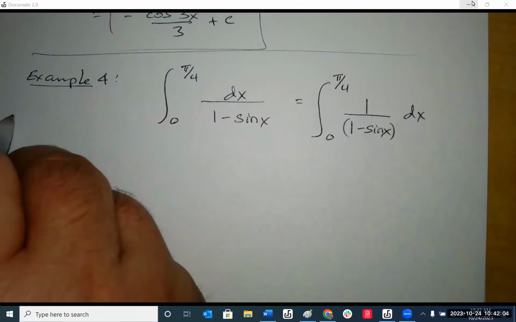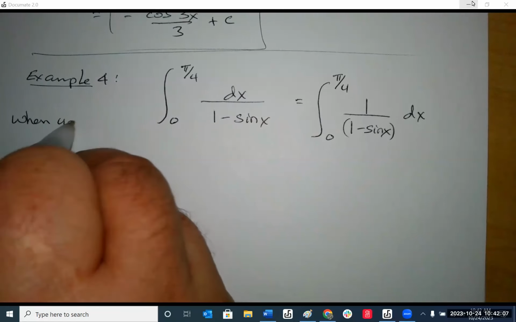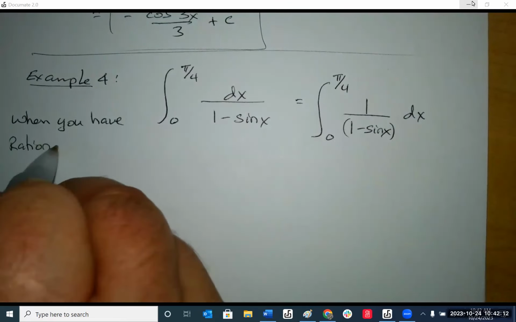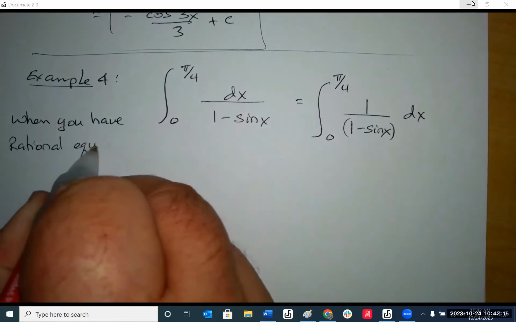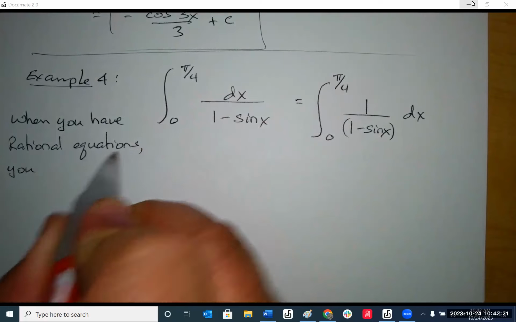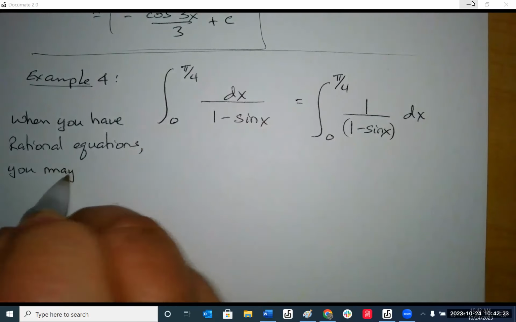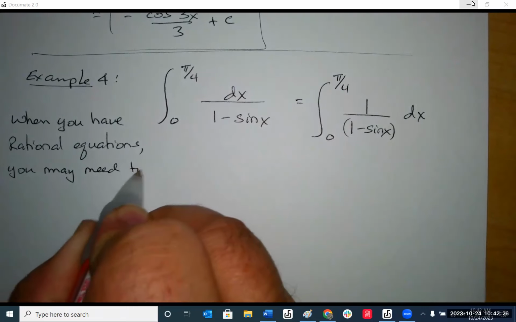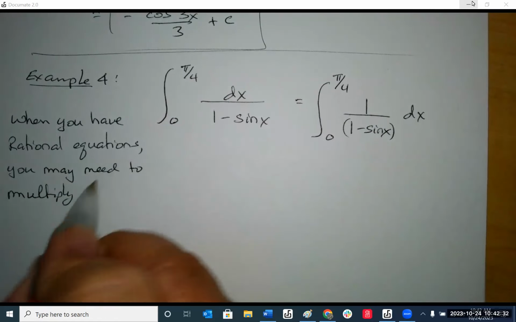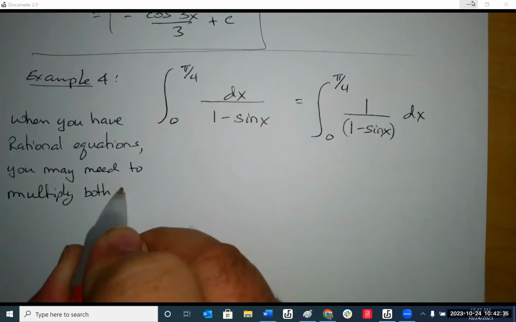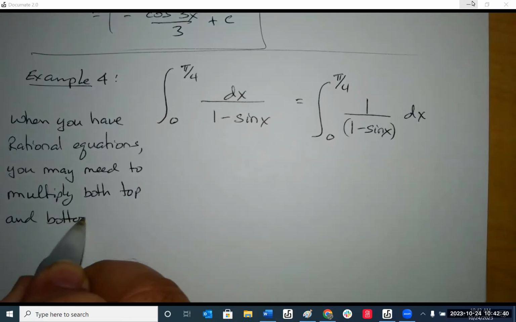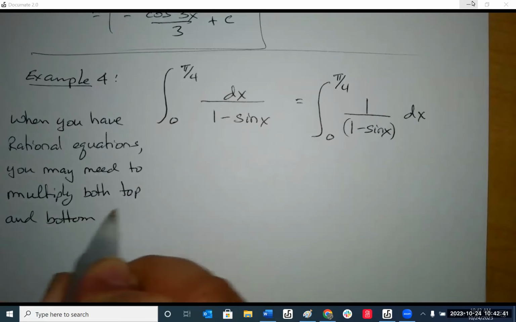So when you have rational equations, you may need to multiply both top and bottom by the conjugate.